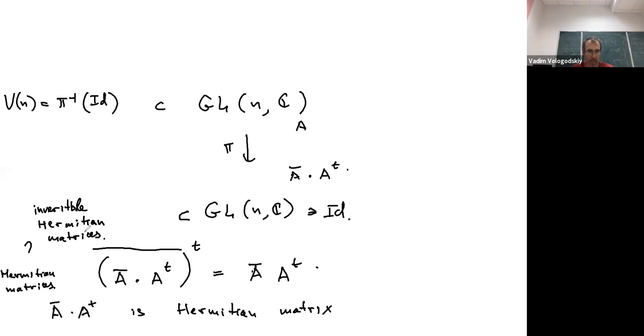And this map pi actually factors through here. Now this manifold has smaller dimension. So what you need to check now is that this pi has surjective derivative.